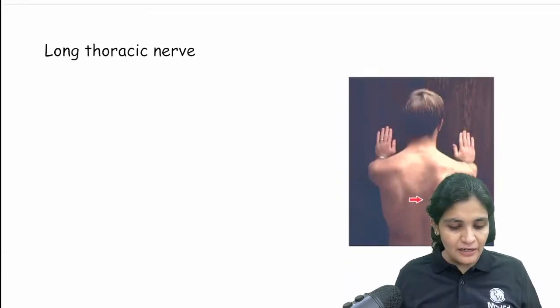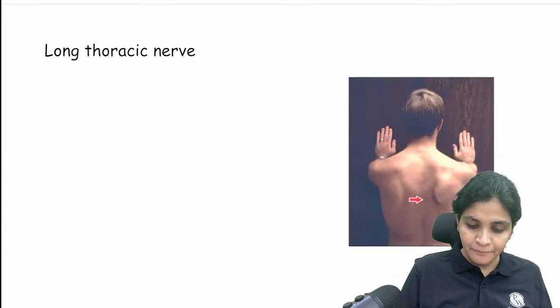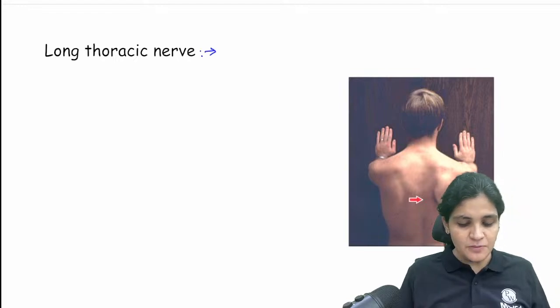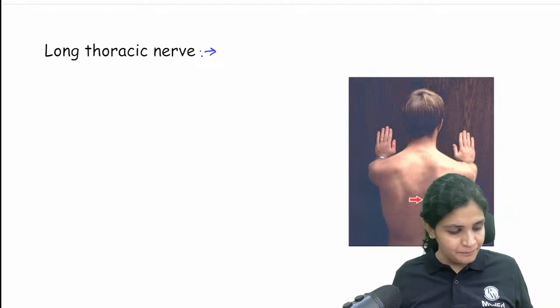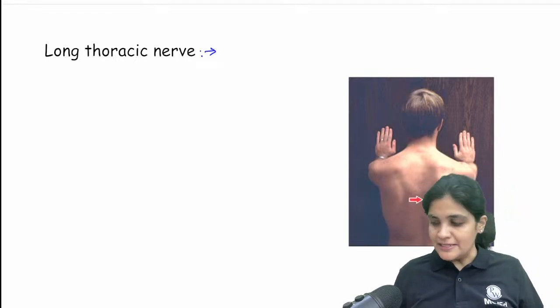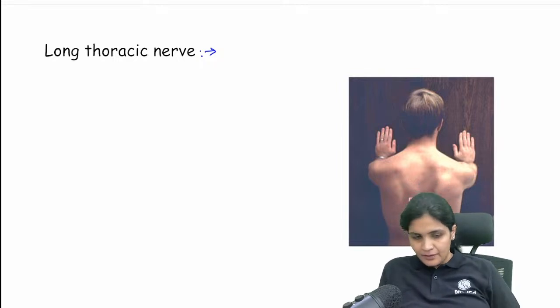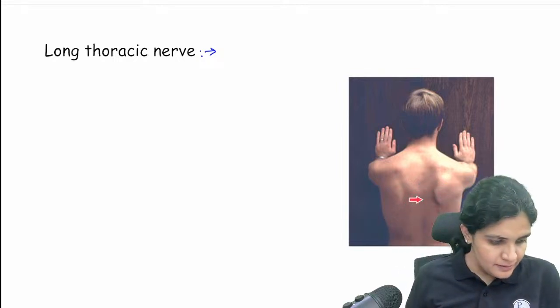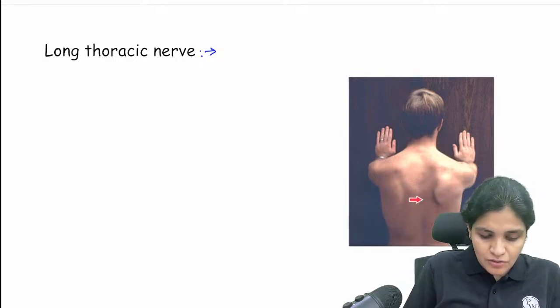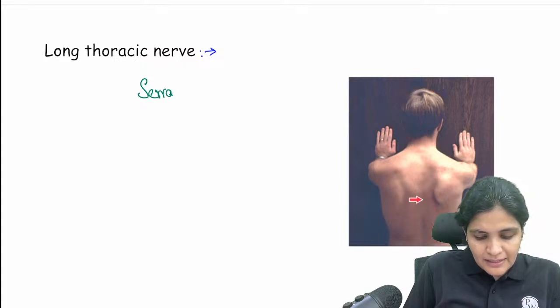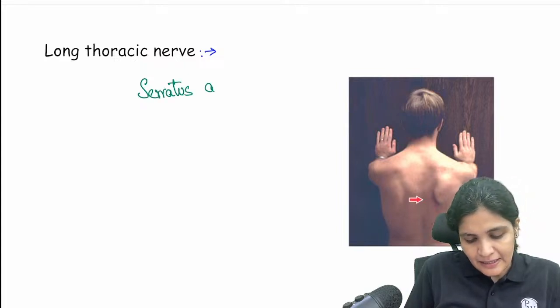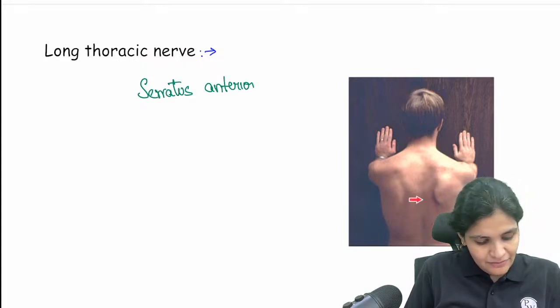And then long thoracic nerve of Bell. What is this? Again a spotter. What is this arrow mark? It applies to serratus anterior muscle. Very good.